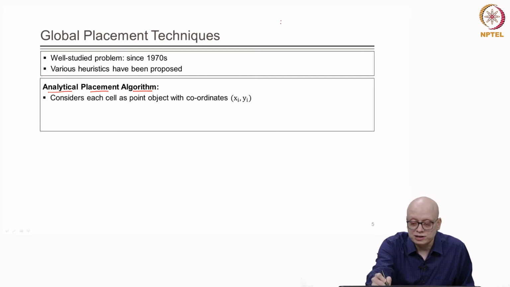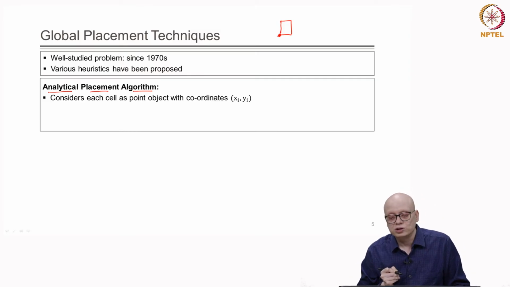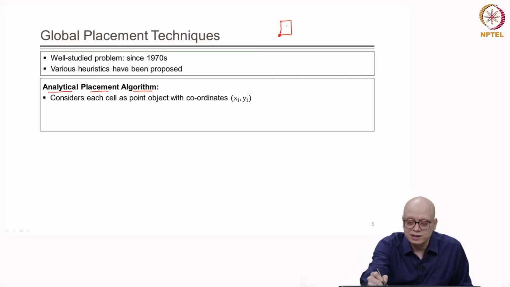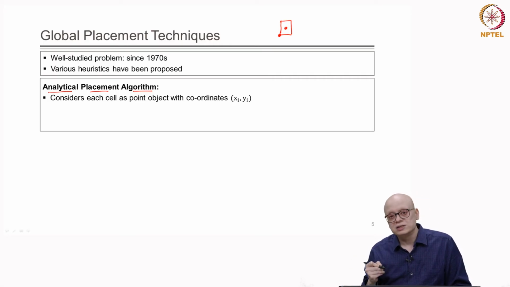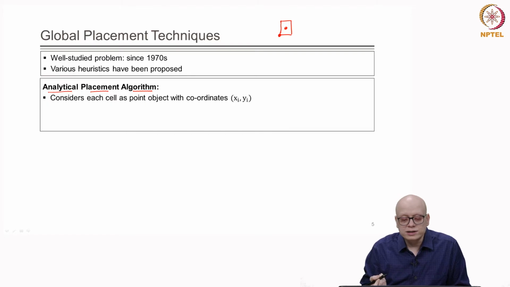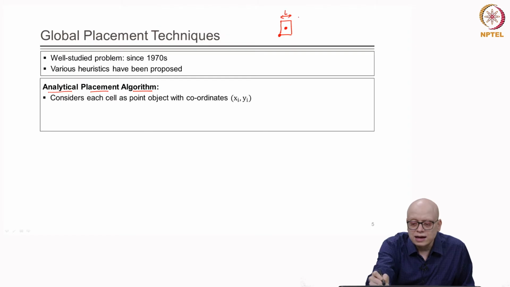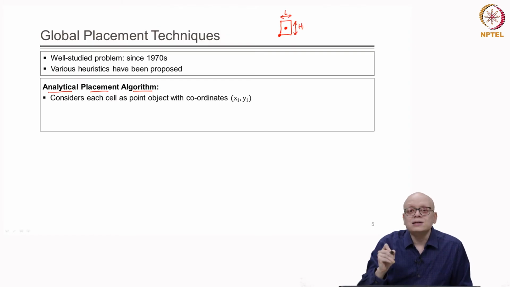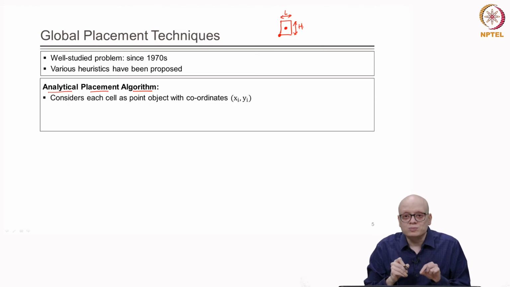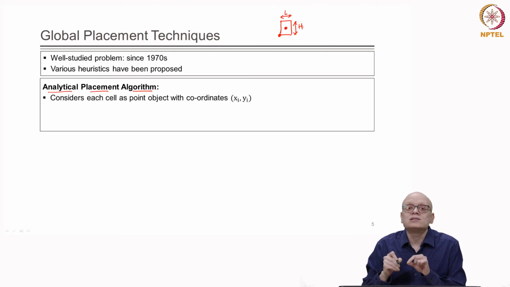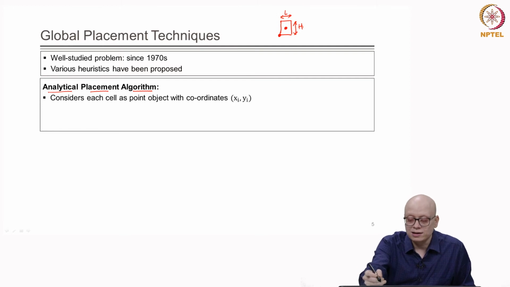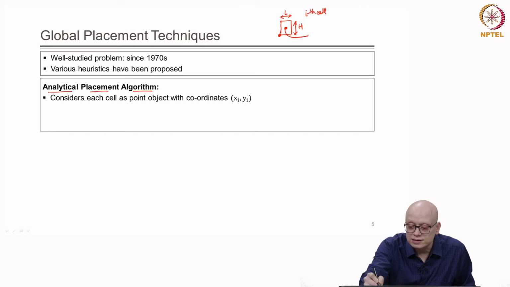For example, if this is a standard cell, we consider the bottom left corner, or maybe the center of it, as the coordinate of the cell, and we ignore its length and height. We consider the cells as point objects at some coordinate, say xi, yi. So, if this is the ith cell, then its coordinate is xi comma yi.